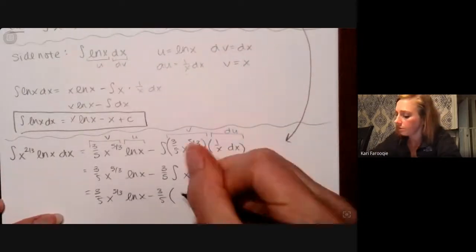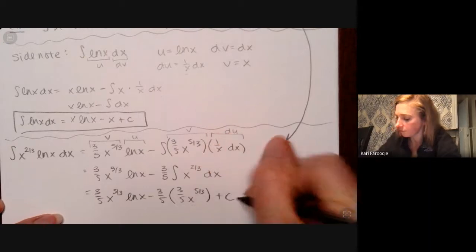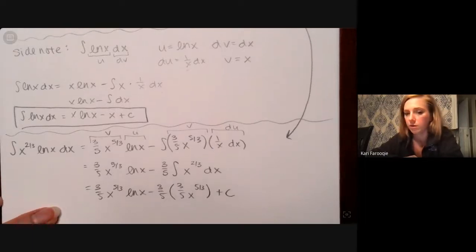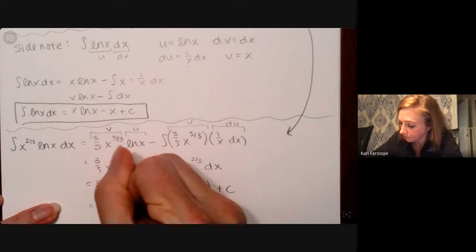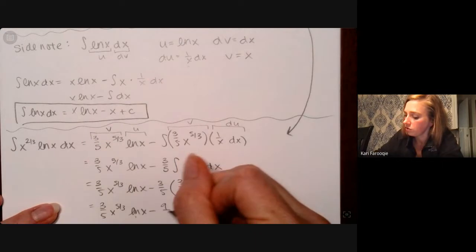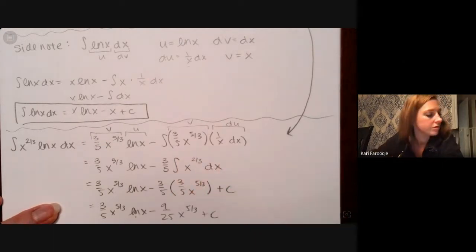So we'll do that again. And then the last thing we need to do is just multiply the 3/5 times itself. So you'll have 9/25 x to the 5/3 plus c.